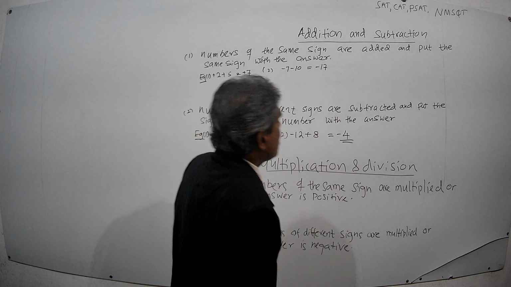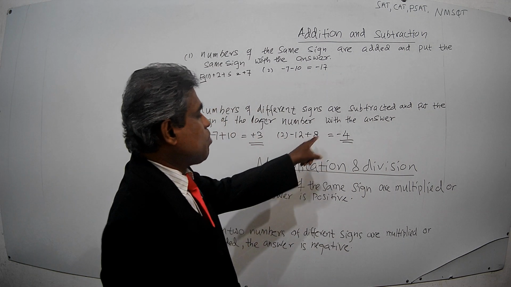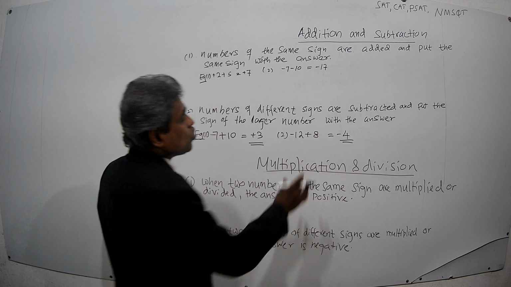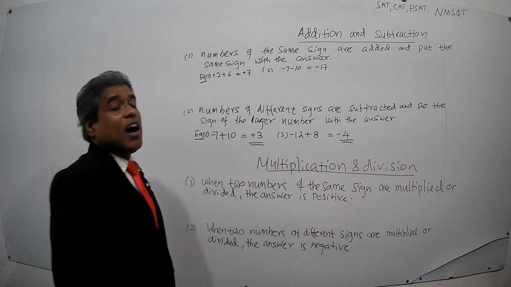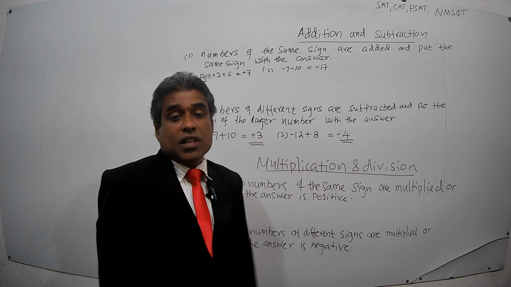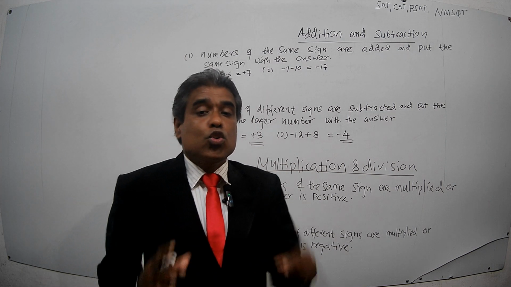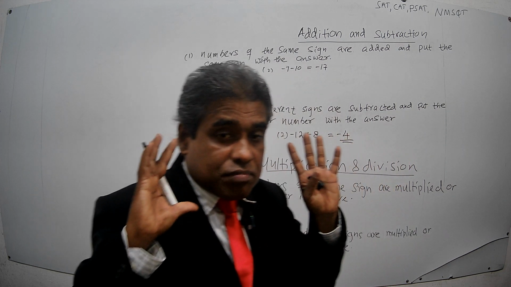Second example. Now look, we have been given two numbers. One is negative 12, the other one is plus 8. Out of these two numbers, one is positive, the other one is negative. Two numbers of different signs. Therefore, you have to subtract.